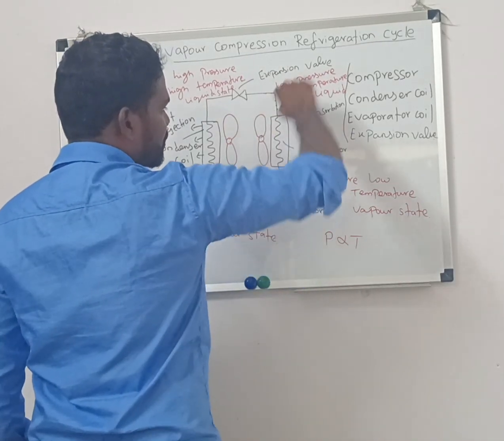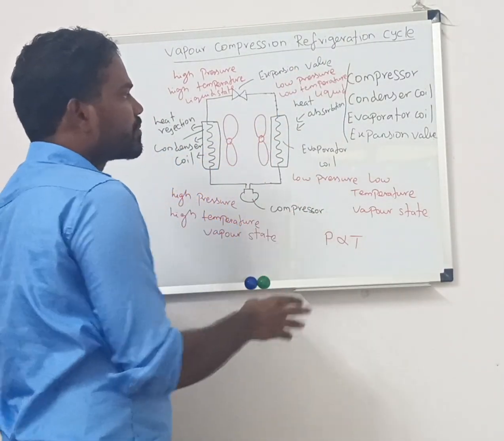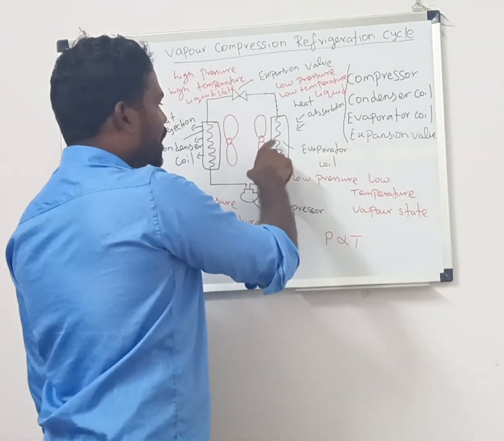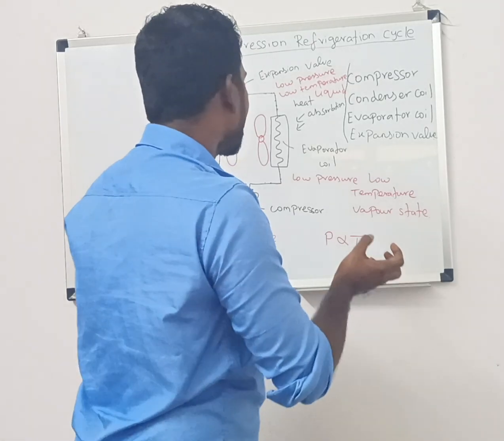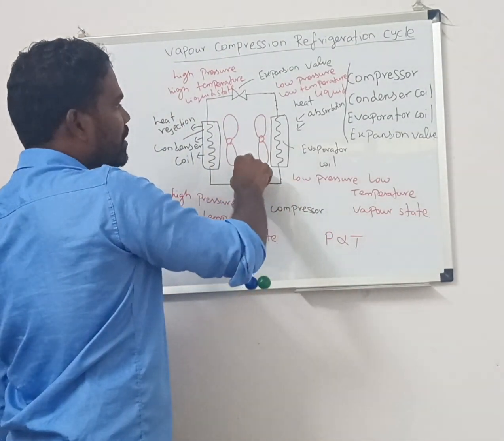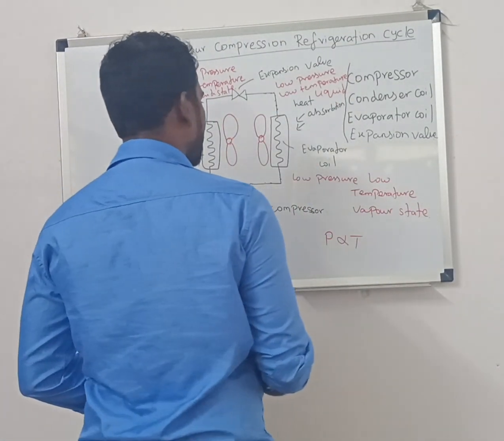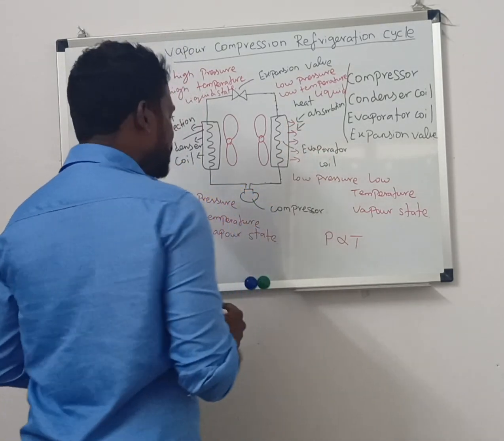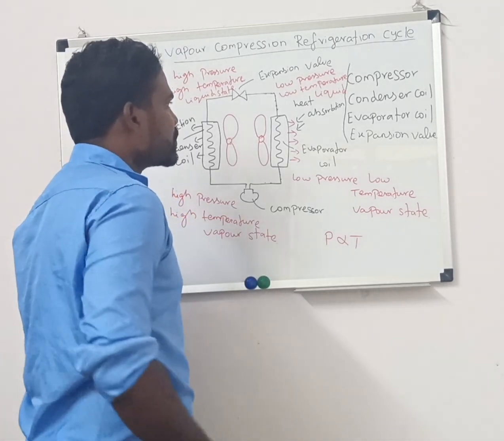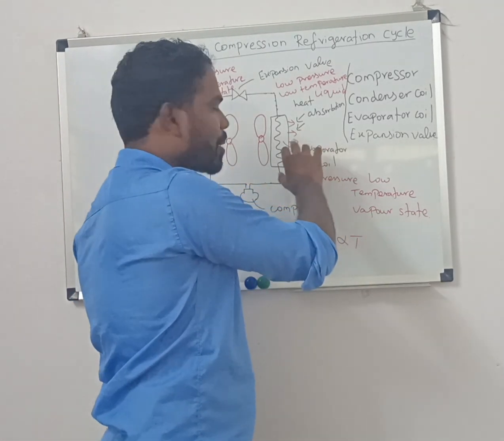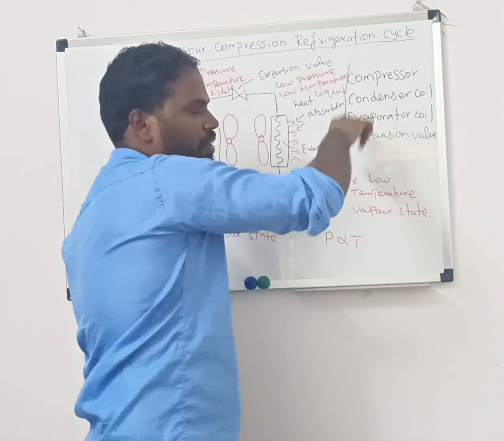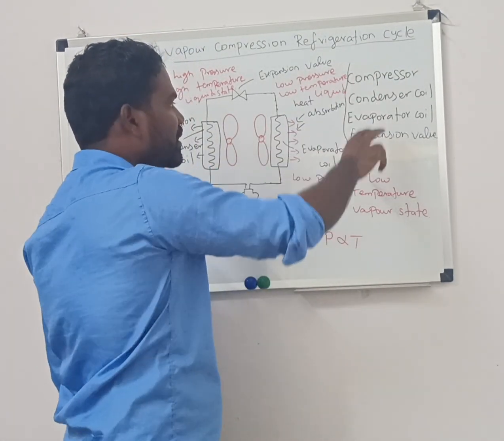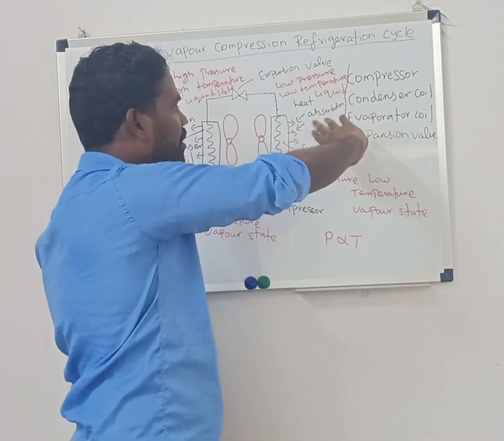Here one fan is required to suck the air from inside the system or space and pull it through this evaporator coil. Automatically heat exchange happens here, and the air at the required temperature passes through the entire area and maintains a constant temperature.